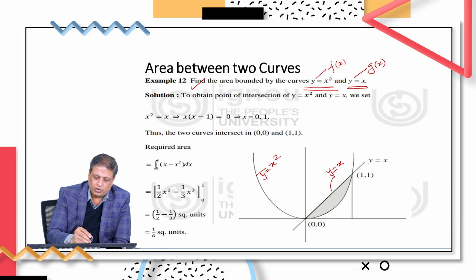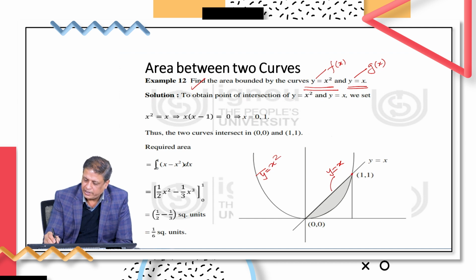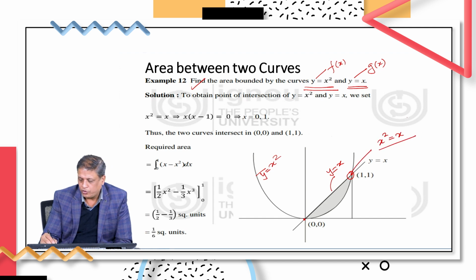When we draw the line, we can write that at the point of intersection, y = x square should be equal to x. Solving this expression, you can find the values of x for which this equation is satisfied.